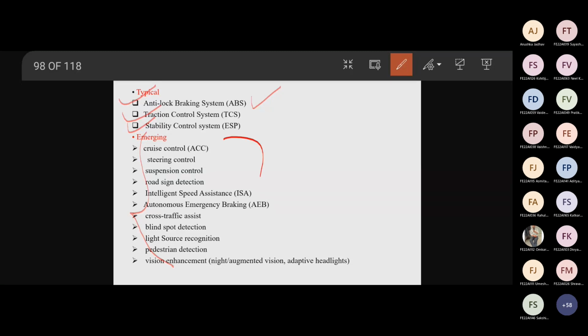Most of the active safety systems are related to artificial intelligence, right? So in future you may come in contact with all these systems. Artificial means most of the things will happen automatically. It will take the data automatically and work accordingly.